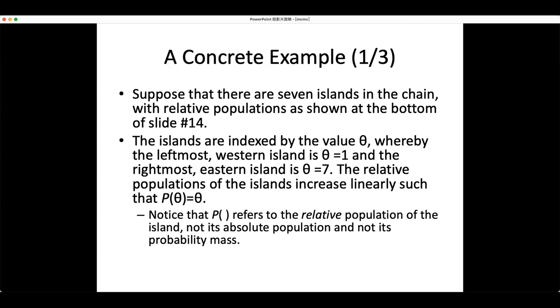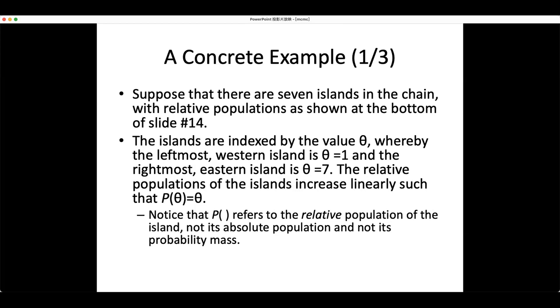Because in reality we want to see the impact of this approach, let's assume the number of islands is 7 in a chain, with relative populations proportional to the number of the island.